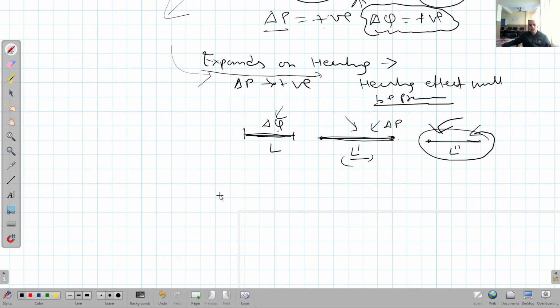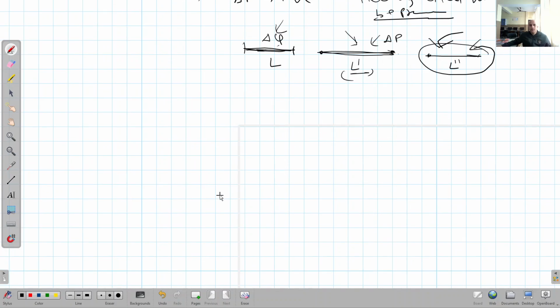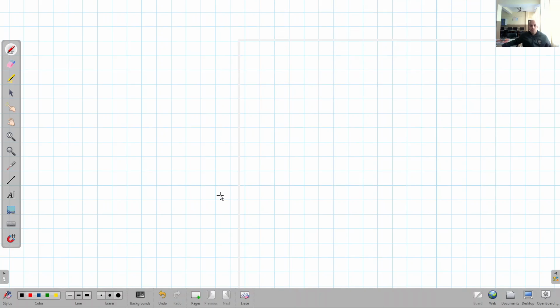Now I'm coming to the next application of Maxwell's equation, that is adiabatic stretching of a wire.